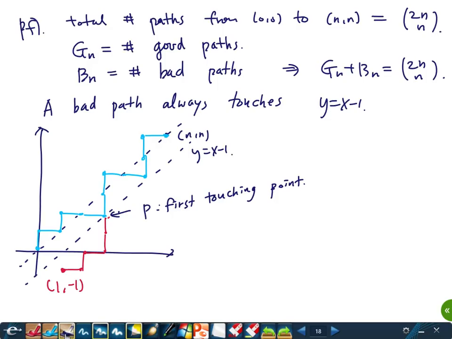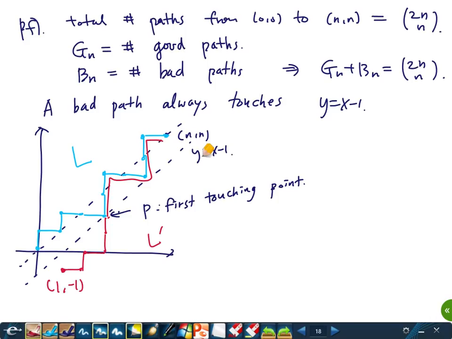Let's say L is this bad path, and L prime is the path obtained from L by flipping the first part about this line. The blue is the bad path L, and L prime is the one obtained by doing this.